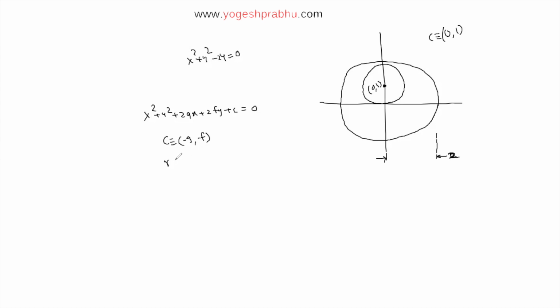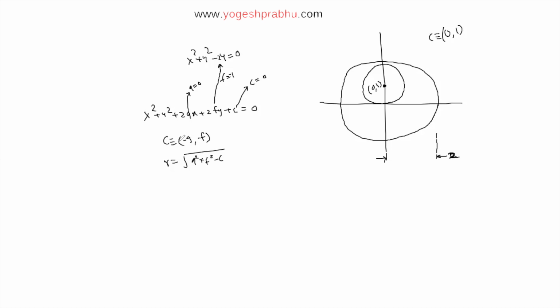And the radius is square root of g square plus f square minus c. So if you compare, what is f? 2f is minus 2, so f is minus 1. What is g? 0. What is c? 0.